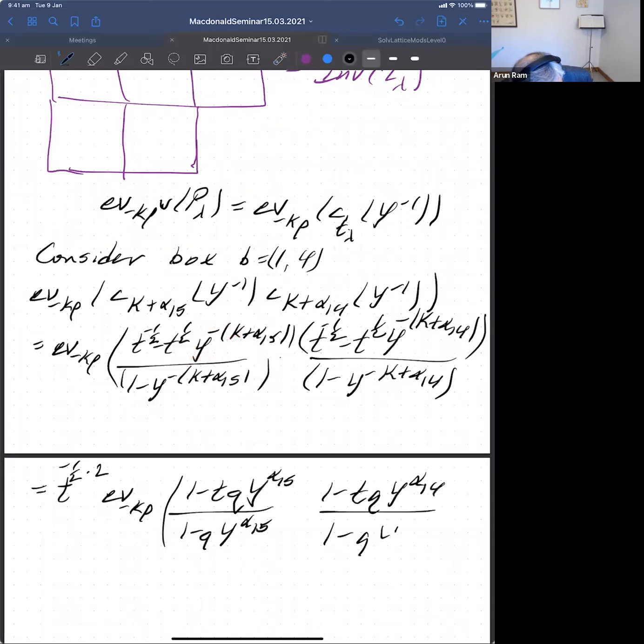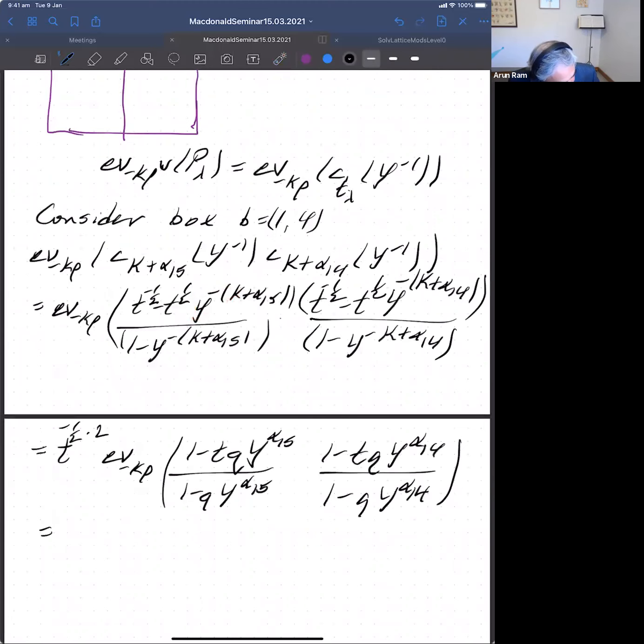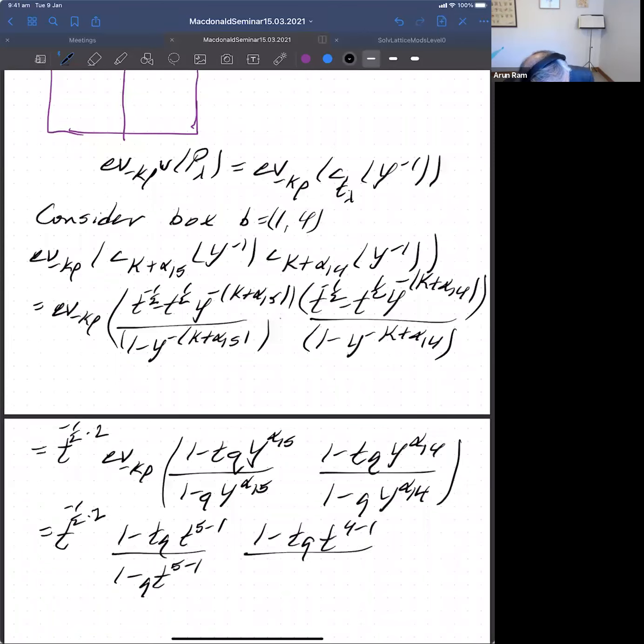And then you get, so this turns into 1 minus t q to the t to the 5 minus 1, because of this 1, 5, divided by 1 minus t q to the t to the 5 minus 1, and then my t to the 4 minus 1, and 1 minus q t to the 4 minus 1.